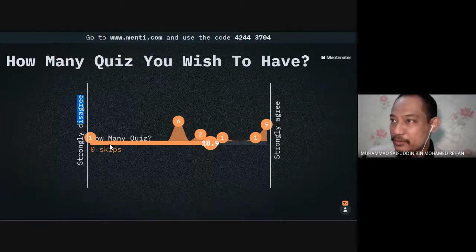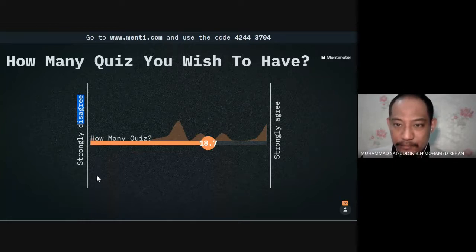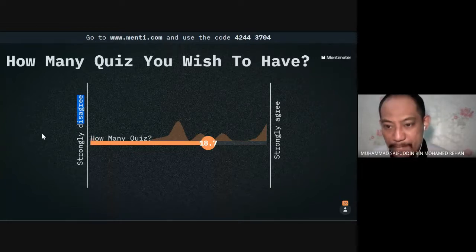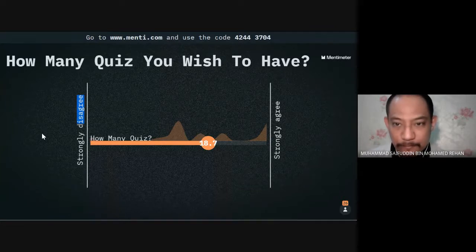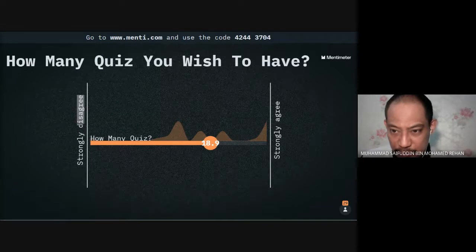Okay, interesting. One student prefers only 8. Some prefer 24, some prefer in the middle. How many have answered 26? All right. Some of you are. 28, so there's a few more who can respond.